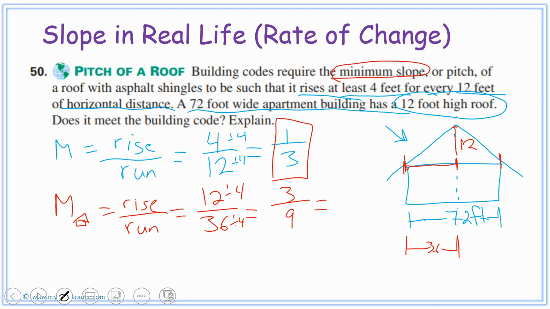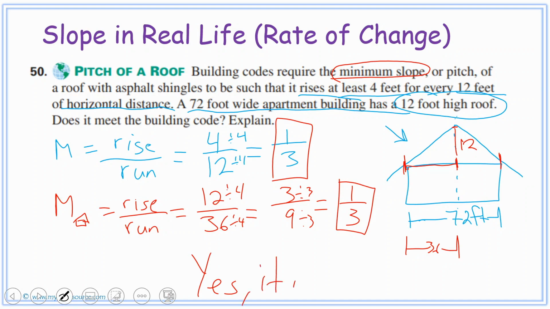I could have gone down even further and divided both by 12, or divided this one by 3 as well, and we get a third as well. So this is actually the amount that is needed to satisfy that slope. So yes, it does meet the building code.